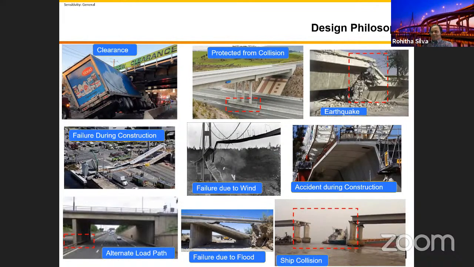The earthquake you can't predict. This is what's going to happen. But you can design and detail the bridge to resist it. For example, it can crack, not collapse. Because if a bridge collapses, it's not like a crack in your house.